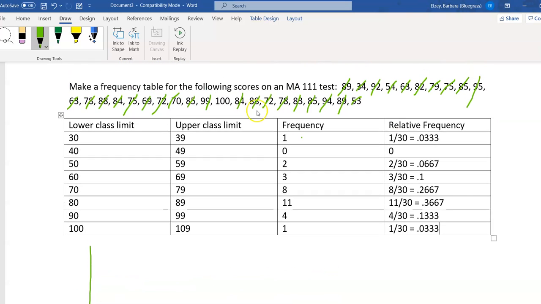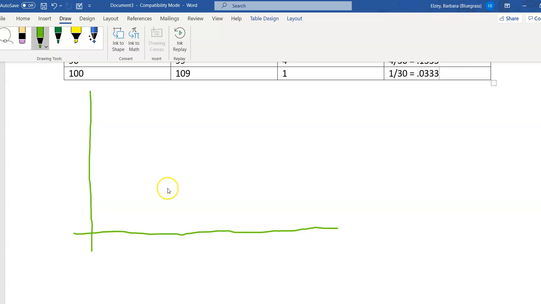So let's notice that midway between 30 and 40 would be 35, and then here it would be 45 and 55, and so on all the way up. So rather than marking all the numbers between 0 and 35, I put little slash marks here to show that I have skipped over to my very first class of 35.